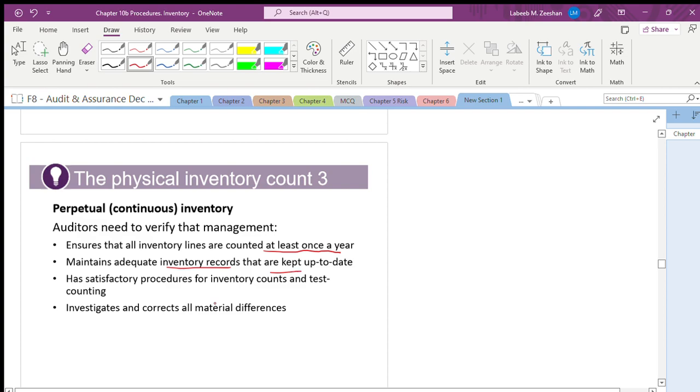All the records should be up to date. Over a period of time, now we are seeing this. People are just updating the records at the last moment. No, it has to be done on an online and real-time basis. Has satisfactory procedures for inventory counts and test of counting.